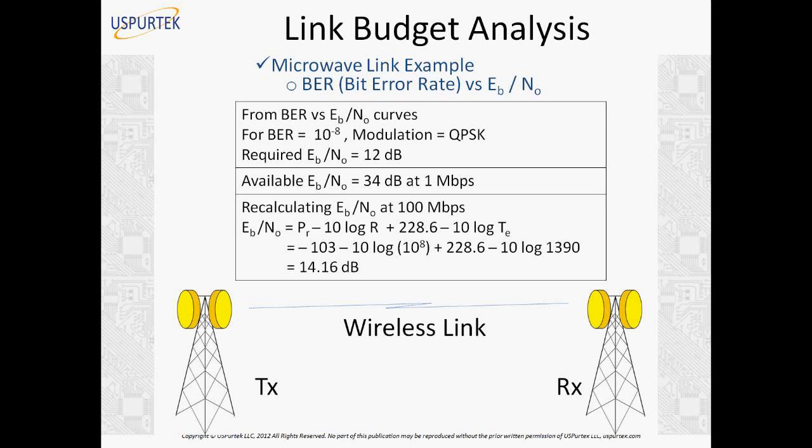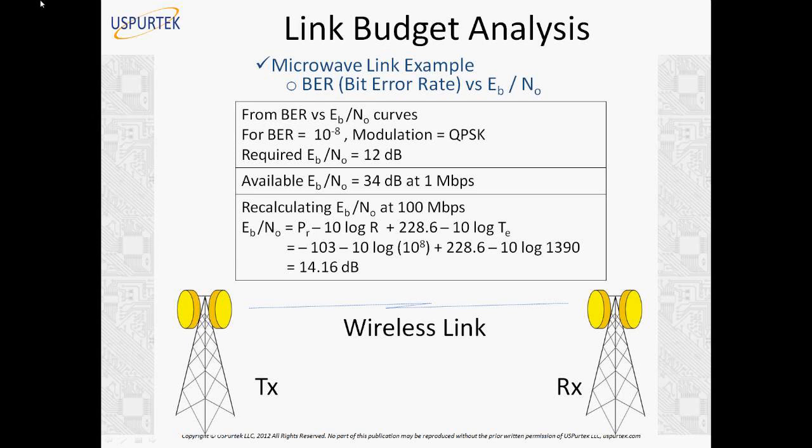Now next, let's say we talk about LTE, which uses OFDM, or wireless LAN IEEE 802.11ac, which has OFDM. Now for OFDM, there may be a different requirement, right? That's why I mentioned this from the curves. If the modulation is QPSK and you have to tolerate this much bit error rate, then the required Eb/N0 is 12 dB, right? Now if you reduce your bit error rate, then the required Eb/N0 may be much higher, actually.